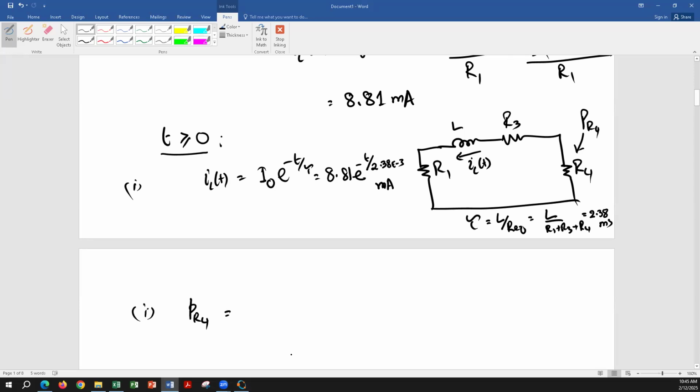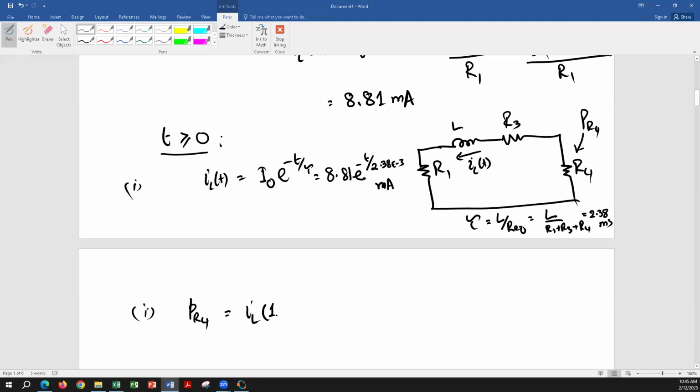Yes, Chris, you want to tell me? Go ahead. Okay, so first evaluate the value of current at 1 millisecond, and then use that value to calculate the power, I square R4. Very good. So let's do that.